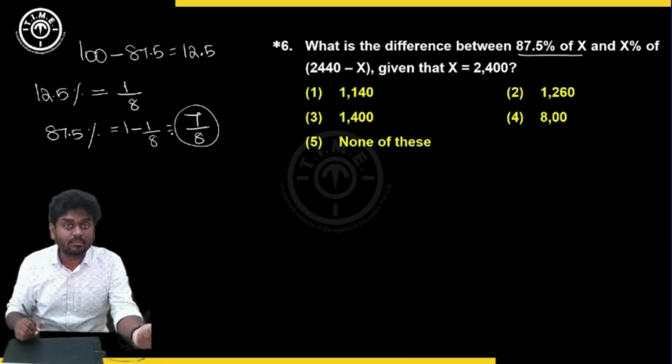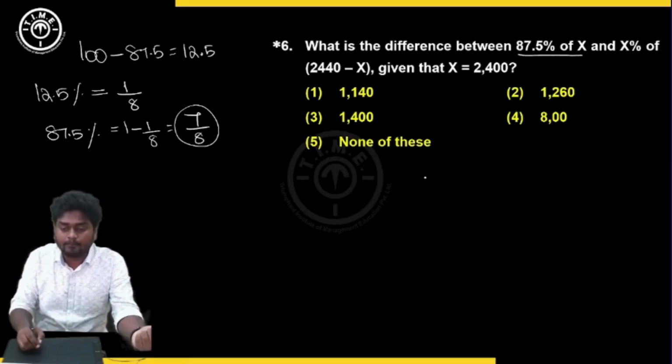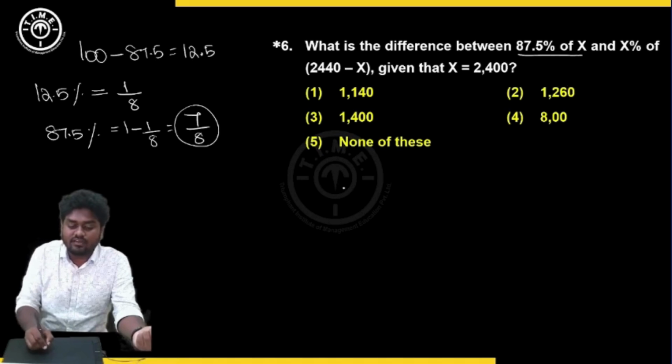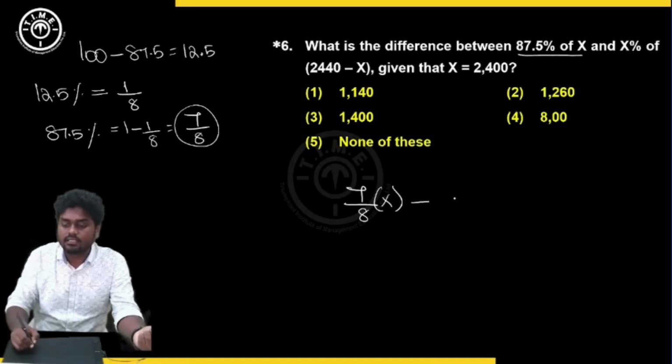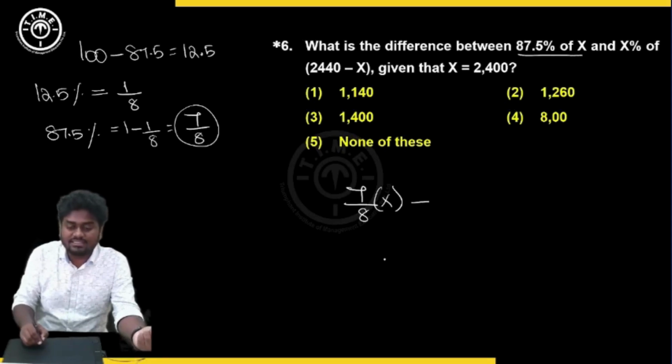So the equivalent fraction of 87.5% is 7 by 8. So what is given here? We have to find the difference of 7/8 of x and x% of 2440 minus x. Guys, first let's find the value of this, right?